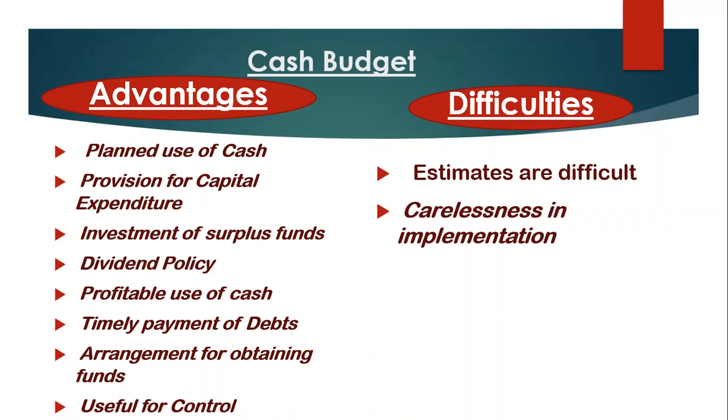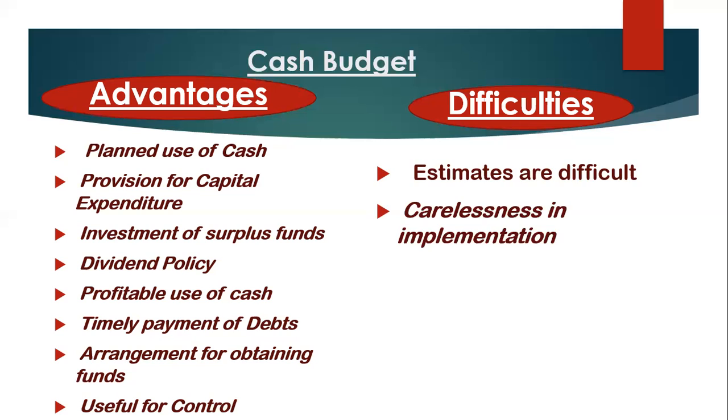Then the second difficulty is carelessness in implementation. Any idea, until it is implemented, is useless or worthless. In the same way, cash budget is very useful in routine, but only if we implement it in our day-to-day life is it useful for us.